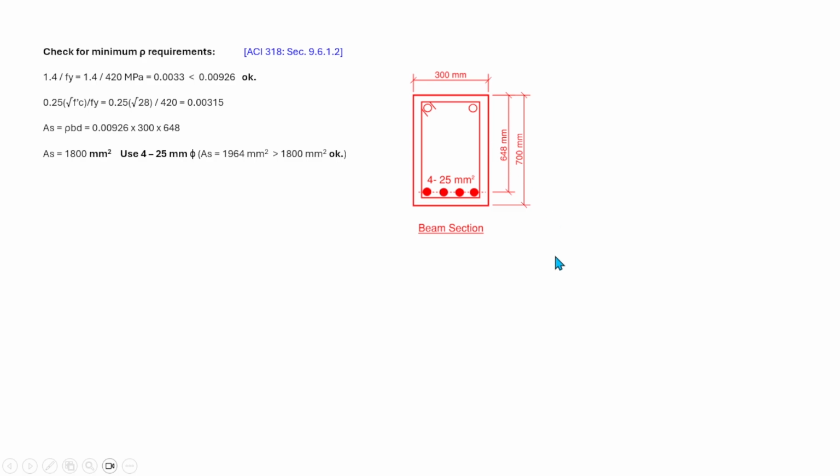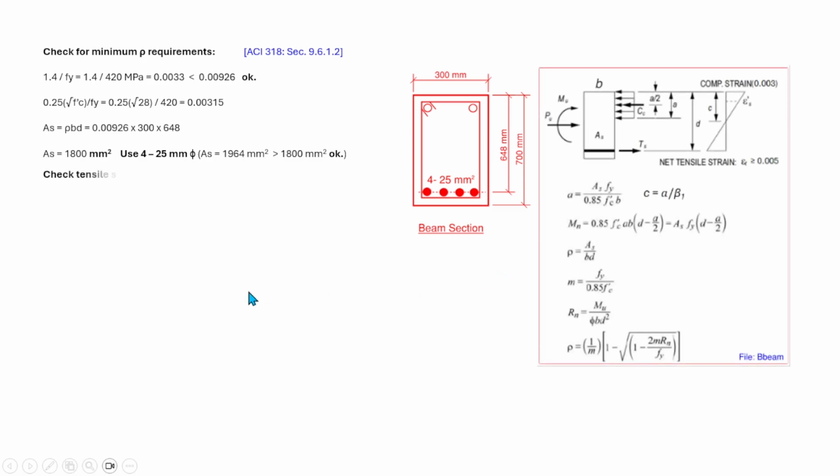Now we have the stirrups. We check the tensile strain of the steel, just to make sure that the section we have assumed is tension controlled.